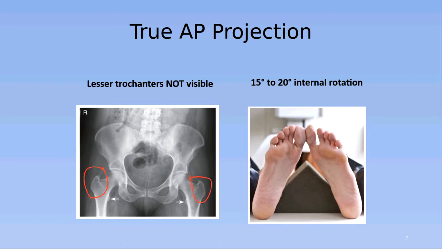These, however, are much less visible on here. So that's actually a really good AP of either the proximal femur or the hip, because you're trying to increase visibility of the greater trochanter and decrease the visibility of the lesser trochanter.